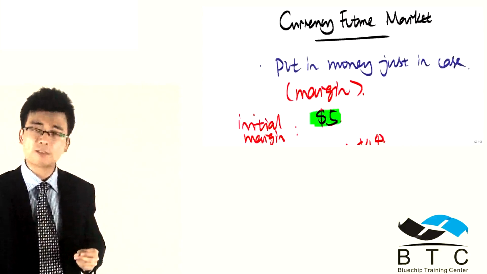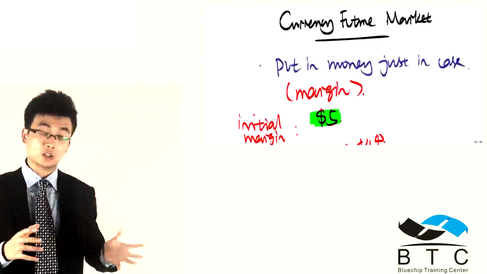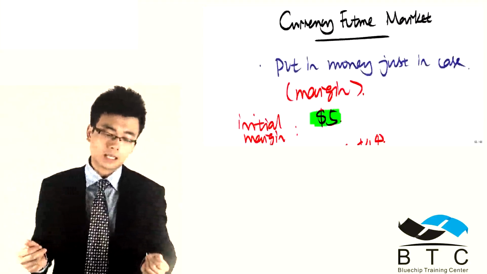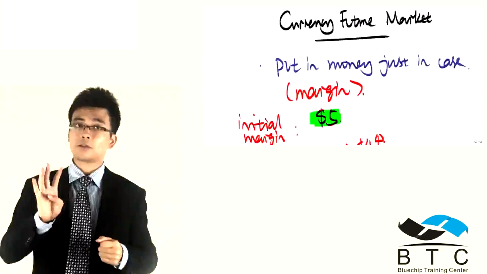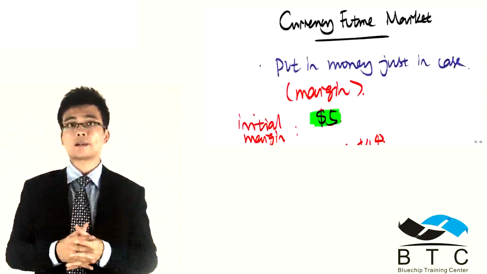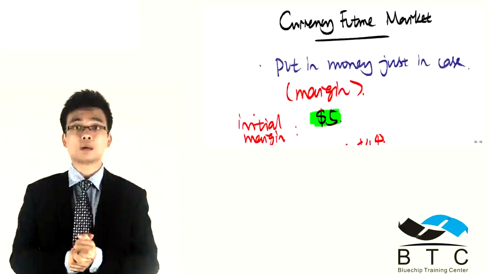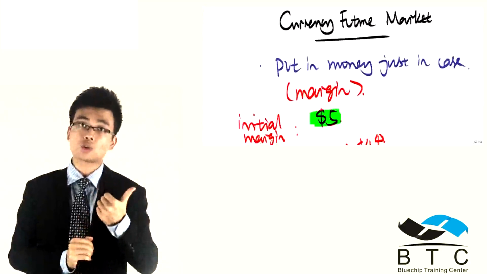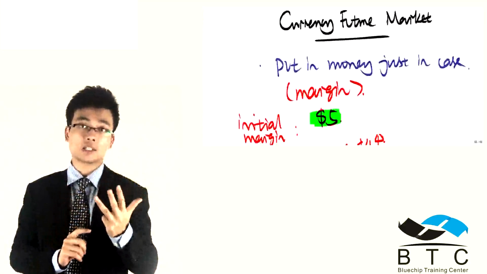Before that, I'd like to tell you a little bit about the futures market. In the general futures market, you can buy or sell the futures contract at 4 particular dates. It is usually at the end of the month of March, June, September, December. 4 dates over here.